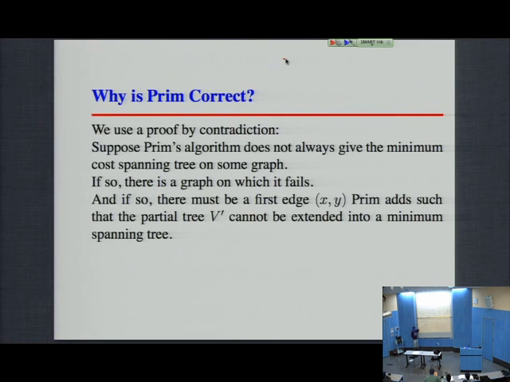Well, you're telling me I shouldn't have picked this edge. What happens, however, if I now add this edge back to your tree? What happens when you add an edge to a tree?